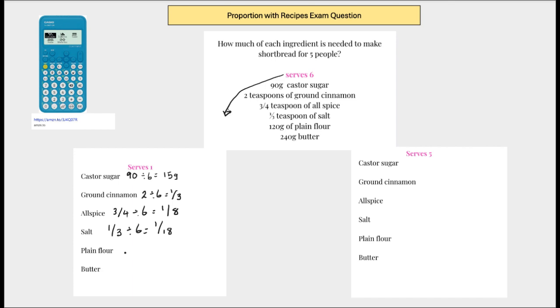Plain flour, 120 grams. So we're going to do 120 divided by 6 gives us 20.